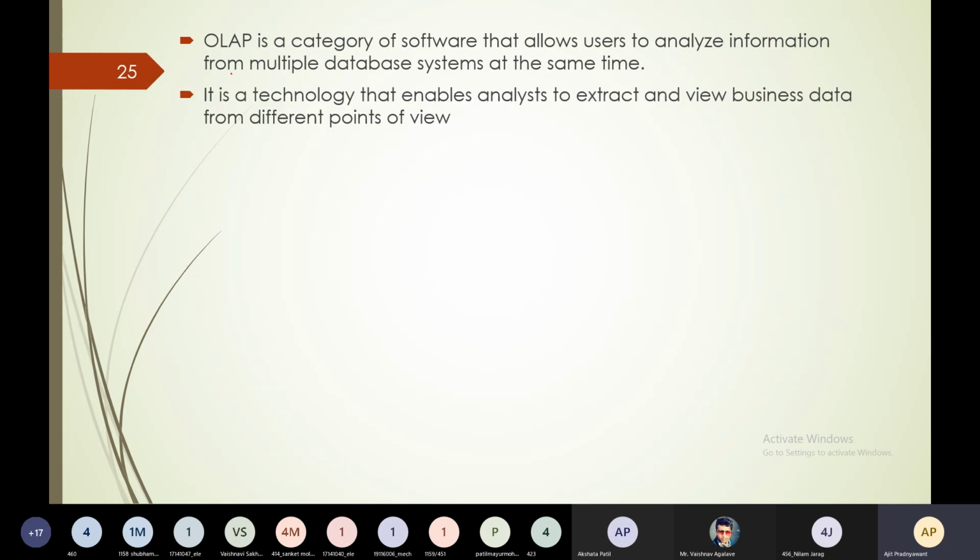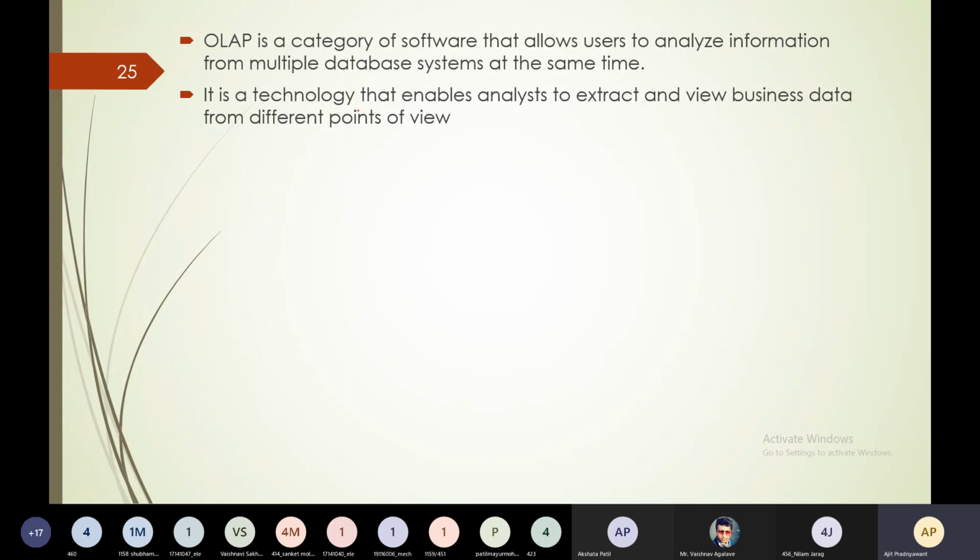OLAP is a category of software that allows users to analyze information from multiple databases at the same time. So this OLAP software allows us to analyze information from multiple database systems at the same time.